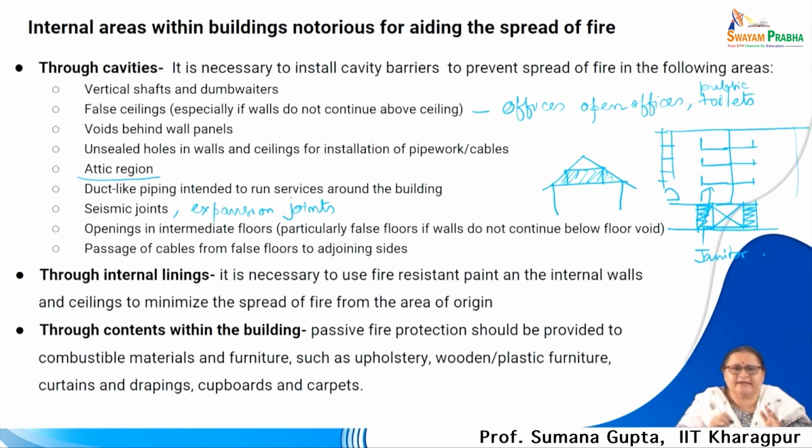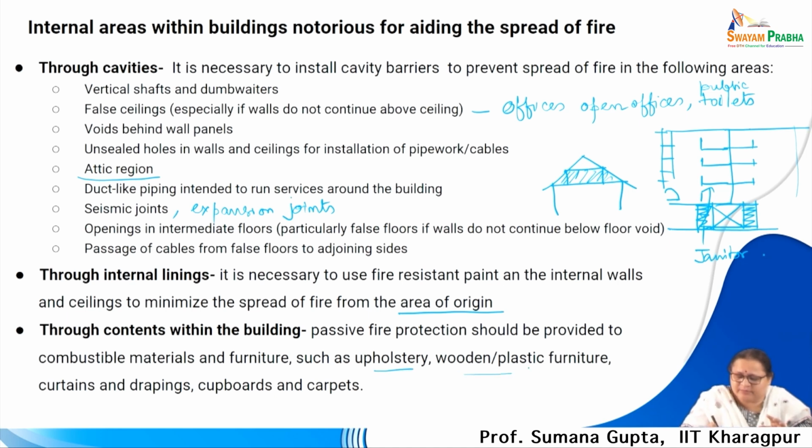So, internal linings of a room or the area of origin, as we started with, are to be carefully looked into, because they have a very quick flashover. So, they will catch fire instantaneously and the safe period will be lessened. So, that is why the internal linings in places where there are chances of fire should be taken very carefully. So, these will all lead to the passive protection of the building.